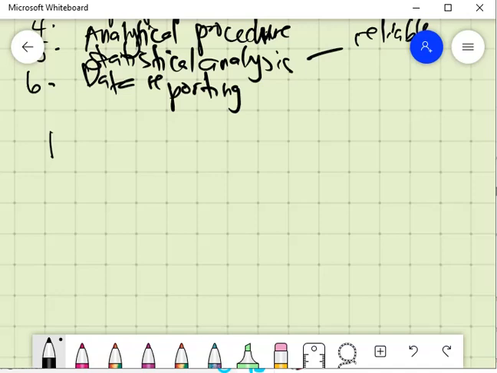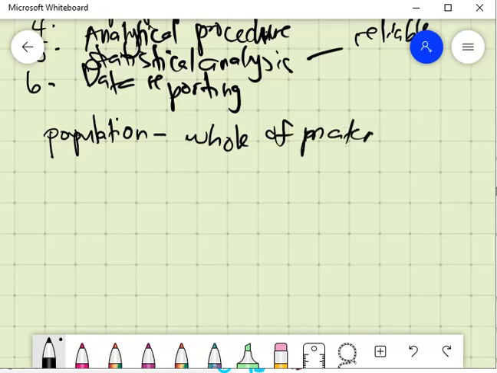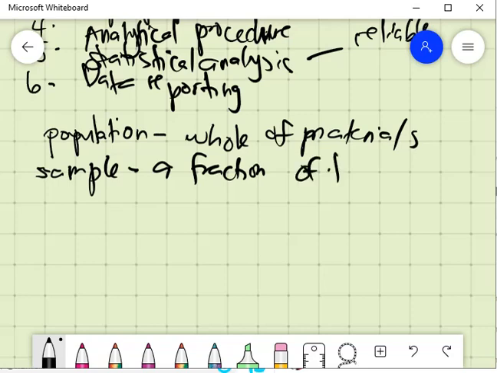So the salt inside a truck is what we call the population. So that's the population that we need. This is the whole population, the whole of the material whose properties we want to obtain, okay? And then the sample is a fraction of the population.